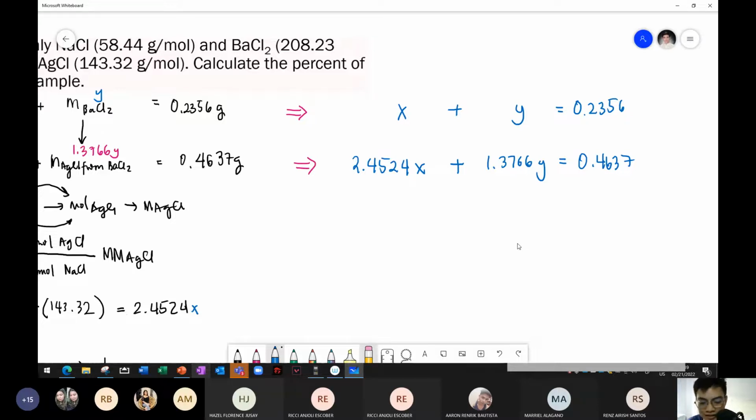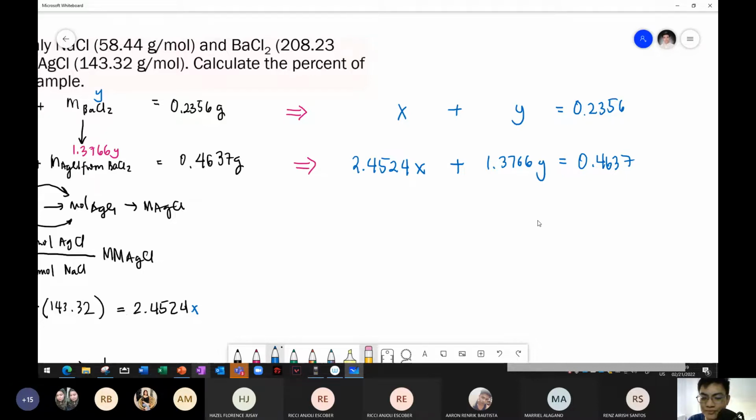So, sa part na to, dalawang beses ko to ituturo. One is the long method, yun yung elimination technique. Second one is the calculator technique. Mamaya i-ready nyo yung calculator kasi pipindutin nyo lang to. Pagka-pindot nyo ng equal sign, may sagot na agad.